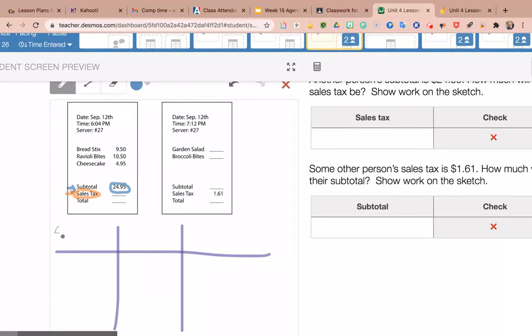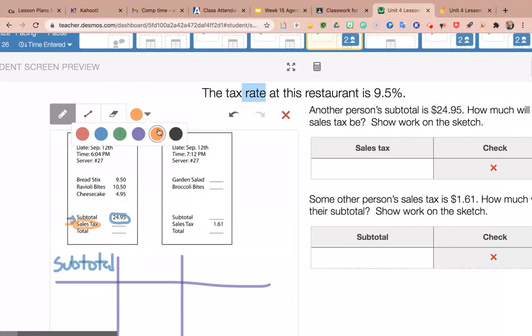I'm going to put subtotal on the left. It really doesn't matter, but I'm going to put subtotal on this side. So subtotal on the left, and I'm going to put sales tax on the right. So I'm going to make an X, Y table. We saw a lot of these. You guys should be proportion pros.